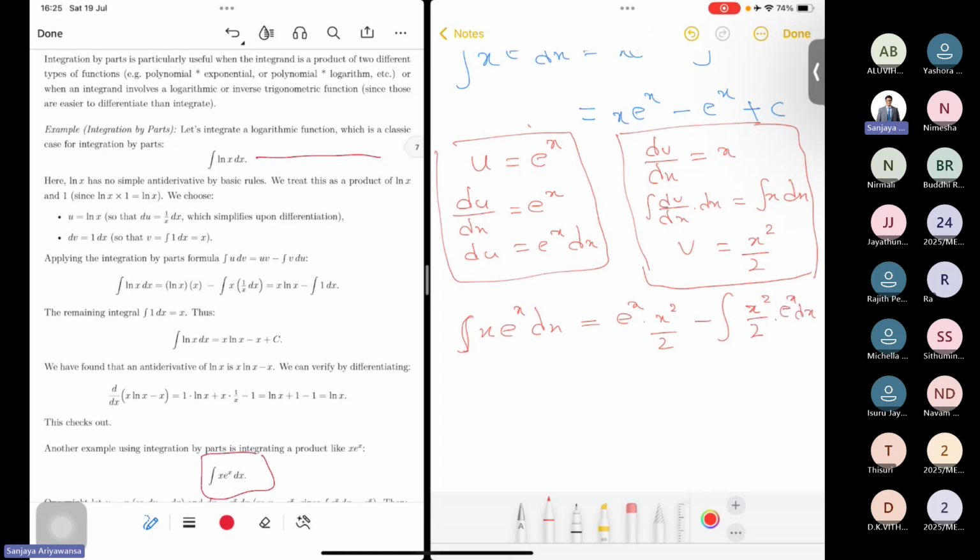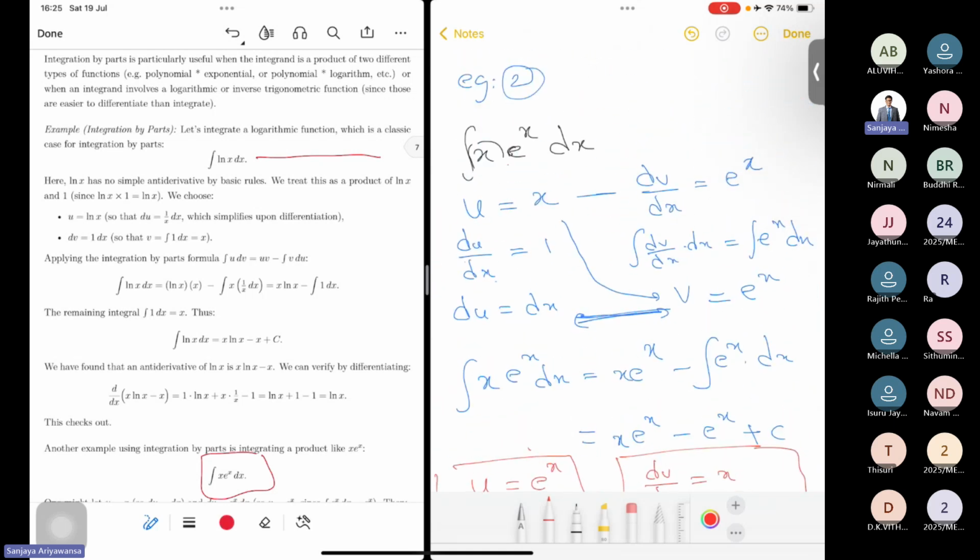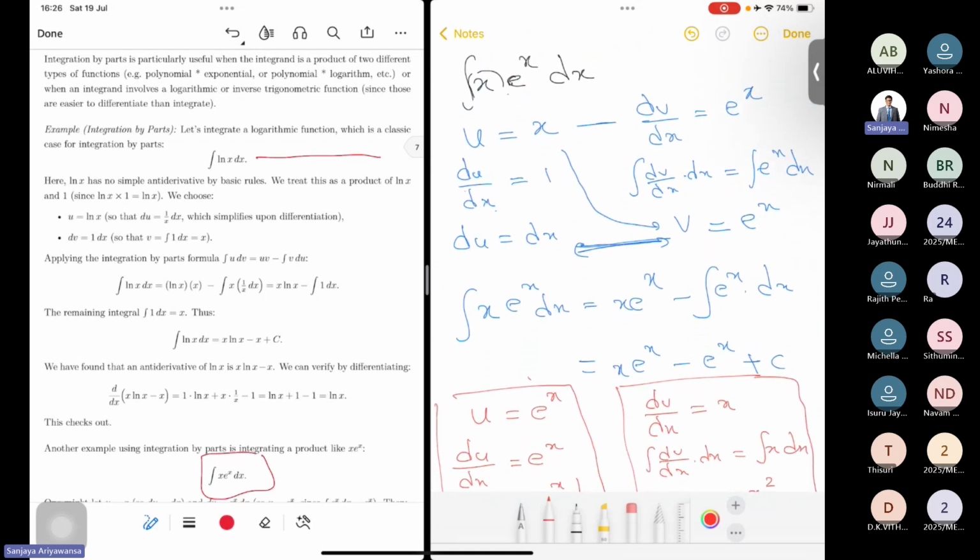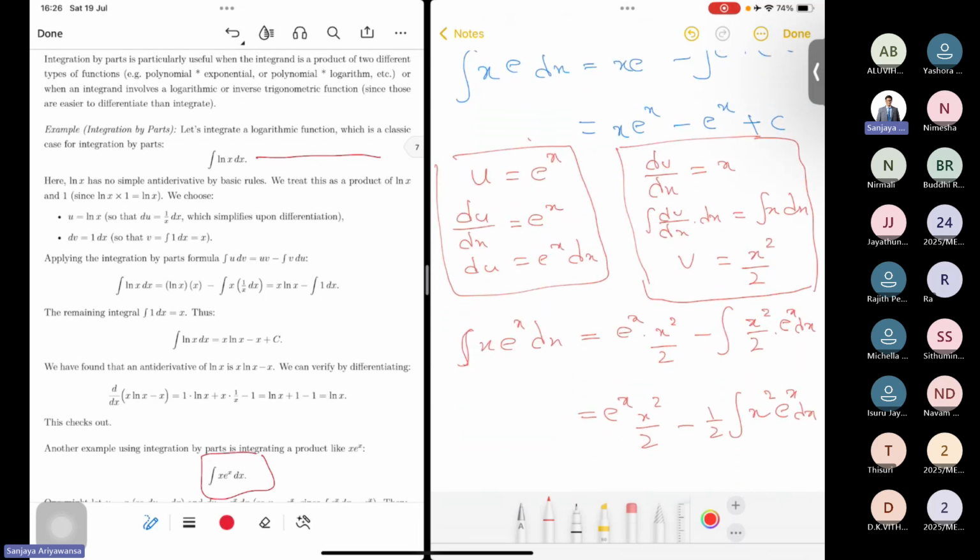So has my problem actually eased? No, not really. It has gotten harder now. Why is that? Because now I have the integration of x squared e to the power x dx, which is harder than the original problem, right? Because the original problem only had x times e to the power x. Now I have x squared e to the power x.